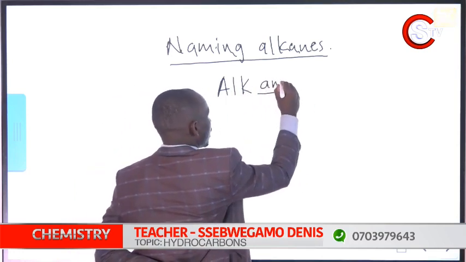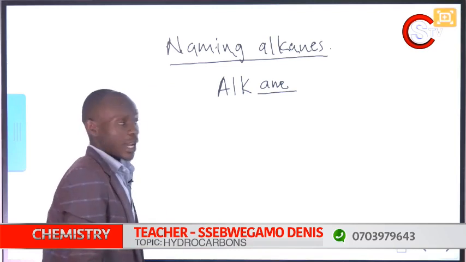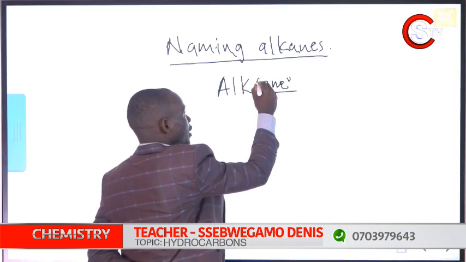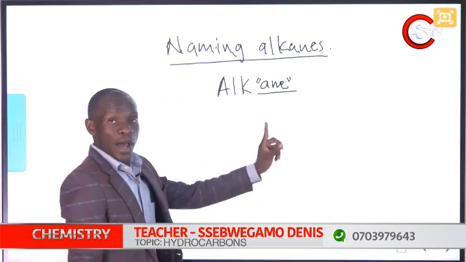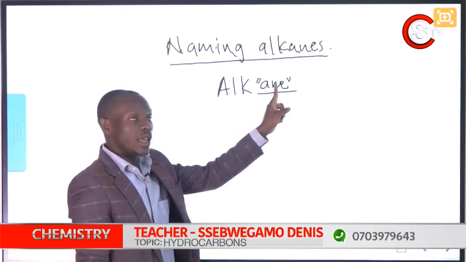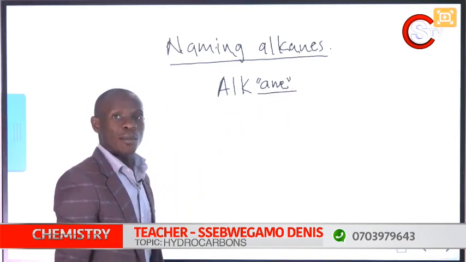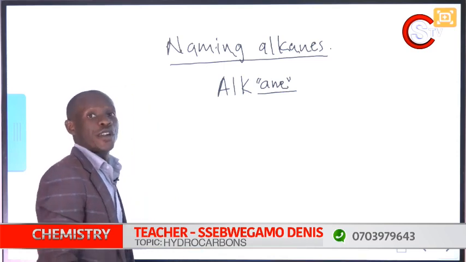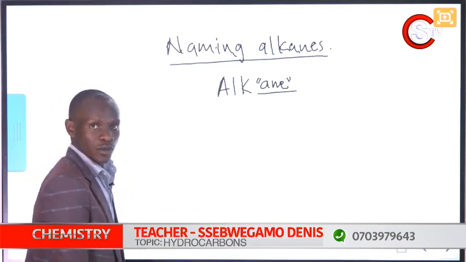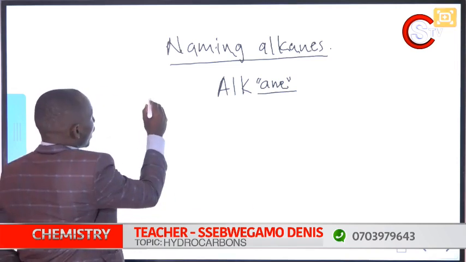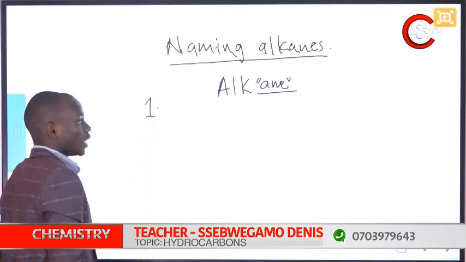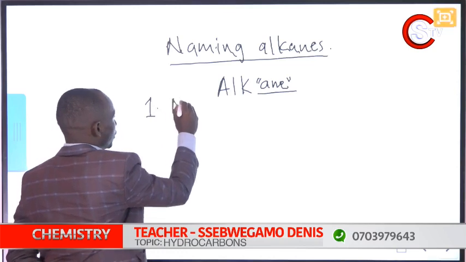We are looking at these last 3 letters, A, N, E. So alkanes are named by ending with A, N, E. Basing on the number of carbon atoms, we have different examples of organic compounds. For example, a compound that contains 1 carbon atom is known as methane.